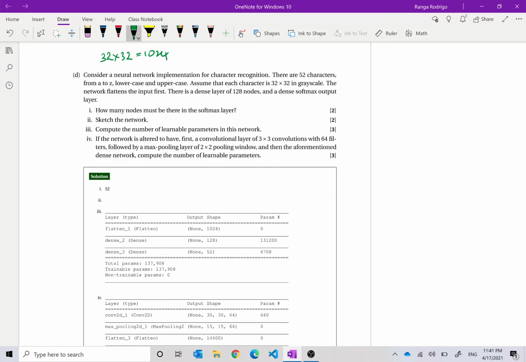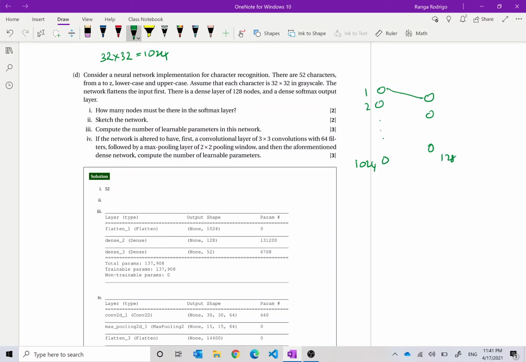Sketch the network. The network flattens the input first. There is a dense layer of 128 nodes and a dense softmax output layer. So you have 1, 2 up until 1024 inputs and 1, 2 up until 128 nodes.